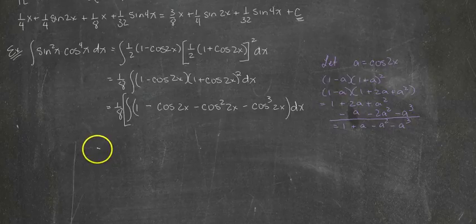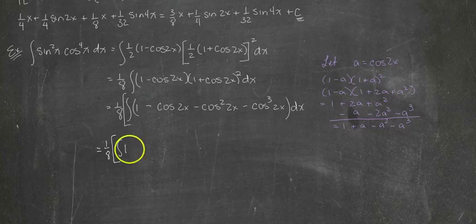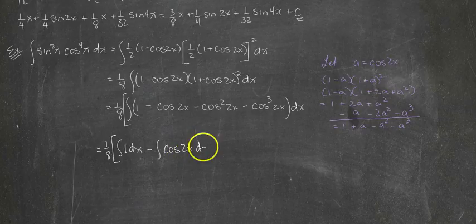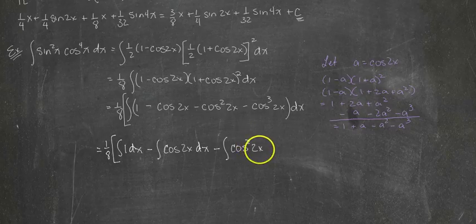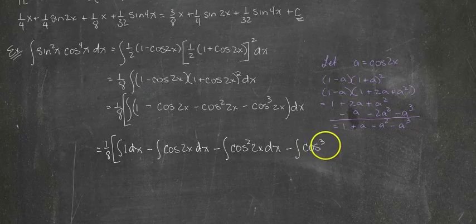Now let's separate them into separate integrals. I still have my 1/8 out front. I'm going to take the antiderivative of 1 dx minus the antiderivative of cos 2x dx minus the antiderivative of cos squared of 2x dx minus the antiderivative of cos cubed 2x dx.